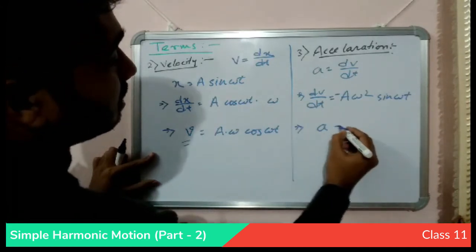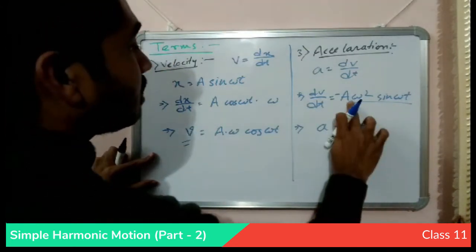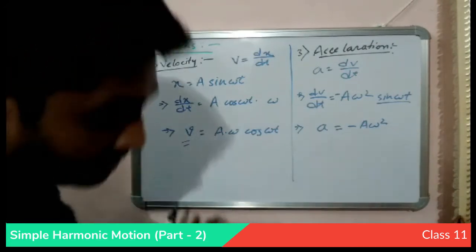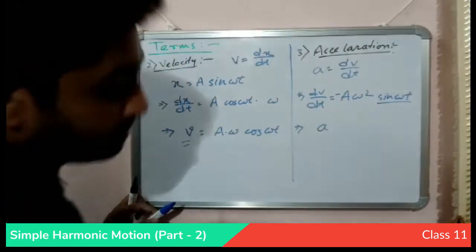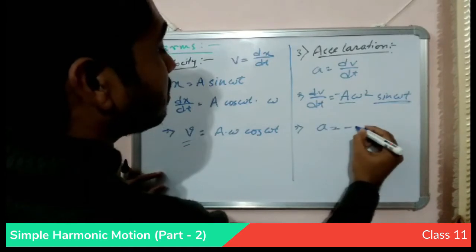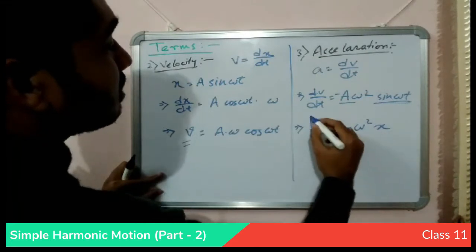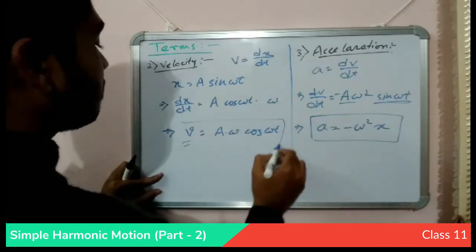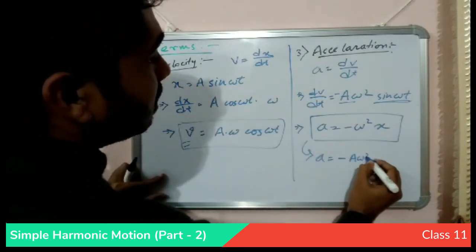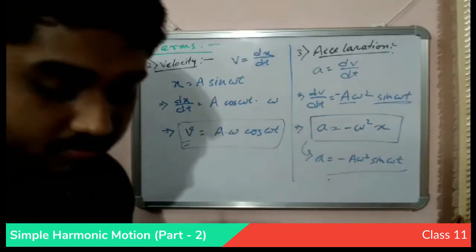So it is minus a omega square sin omega t, and a sin omega t is our x, so this is minus omega square x. Or this is acceleration a equal to minus a omega square sin omega t. This is our acceleration term.